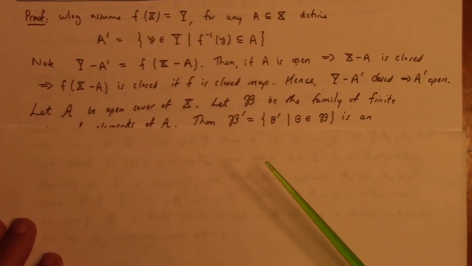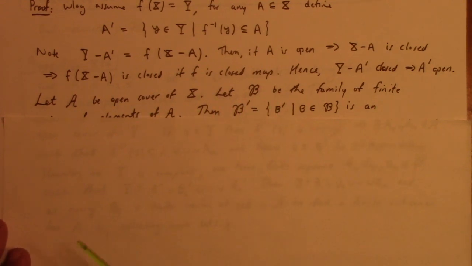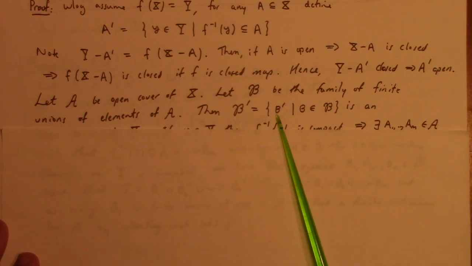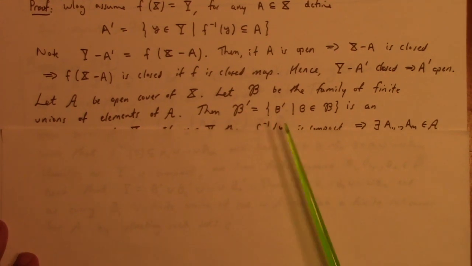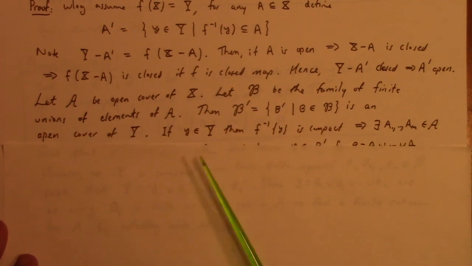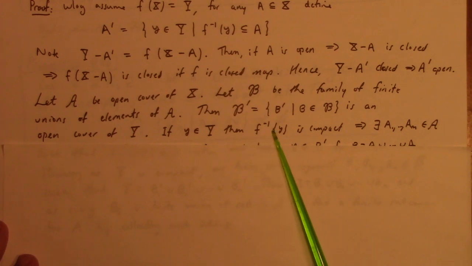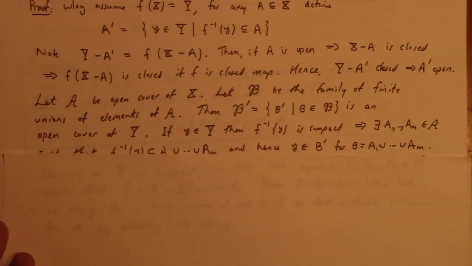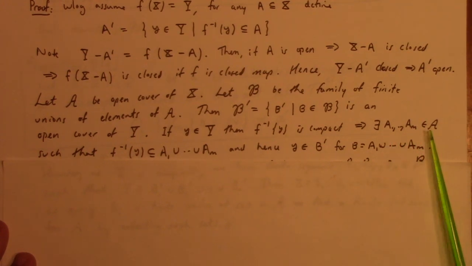So let A be an open cover of X, and let B be a family of finite unions of elements of A. Then we can form B prime using this prime notation we introduced up there. That is going to be an open cover of Y. And if y is an element of Y, then f inverse of y, of course, is compact, which means that there exists a finite collection of A1 through AM in A that cover that fiber.